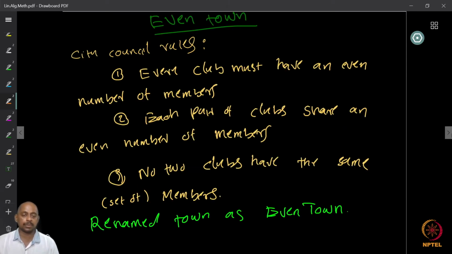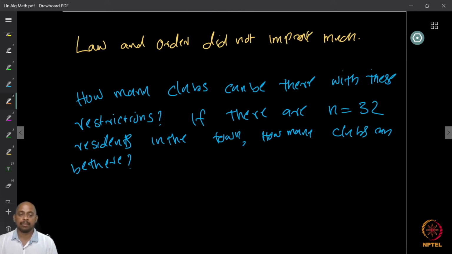Because people follow these rules, each club must make sure that this is followed, and hence we can figure out the number of clubs if there are, let's say, 32 residents in the town. So only 32 people in a small town. Now, how many clubs can be there? I want you to think about this and come up with any number that you can have. Okay. So think about it for some time and then get back to continue the lecture.